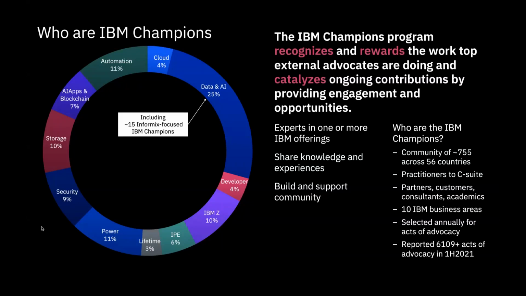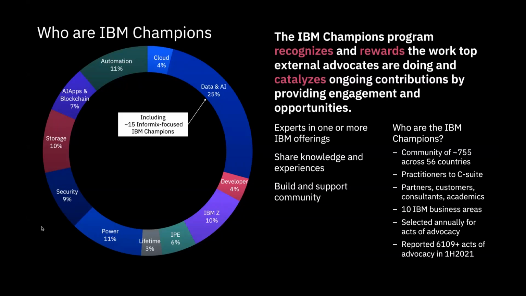As you can see in the graphic on the left, we have Champions across the IBM products, including 25% of Champions in the data and AI area, and this is where the Informix-focused Champions are, but also in other areas: cloud and automation, AI apps like Maximo, Tririga, engineering, and blockchain, storage, security, power.